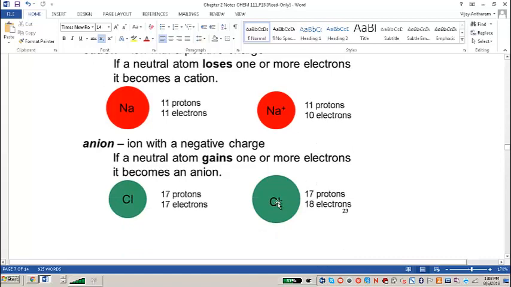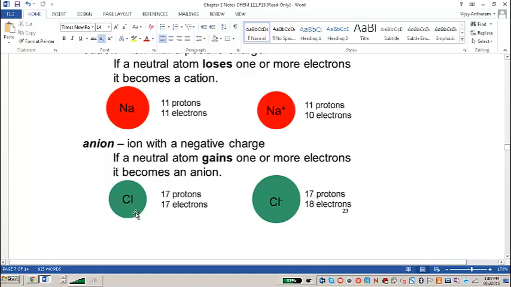Okay, conversely, if you take something like Cl or chlorine, looking at it in the periodic table, we find that it has 17 protons and 17 electrons, neutral chlorine. Nonmetals like to gain electrons. Cl gains 1 electron, it becomes Cl minus. And when it gains 1 electron, it becomes 18 as the number of electrons. The atomic number, the number of protons, remains invariant.